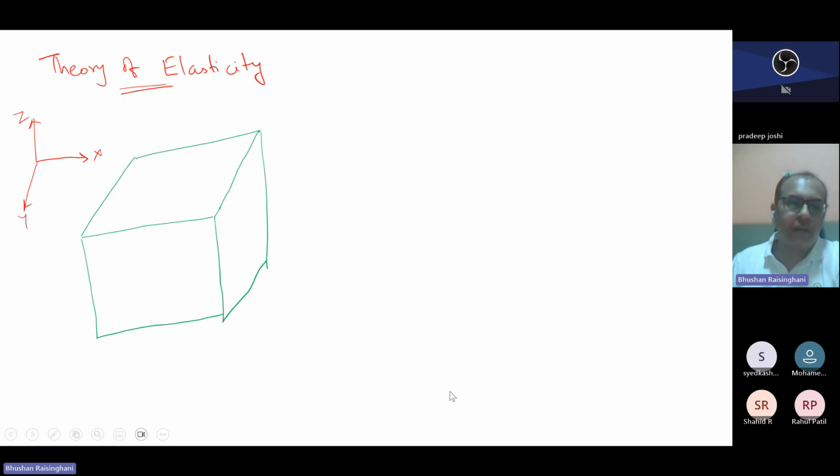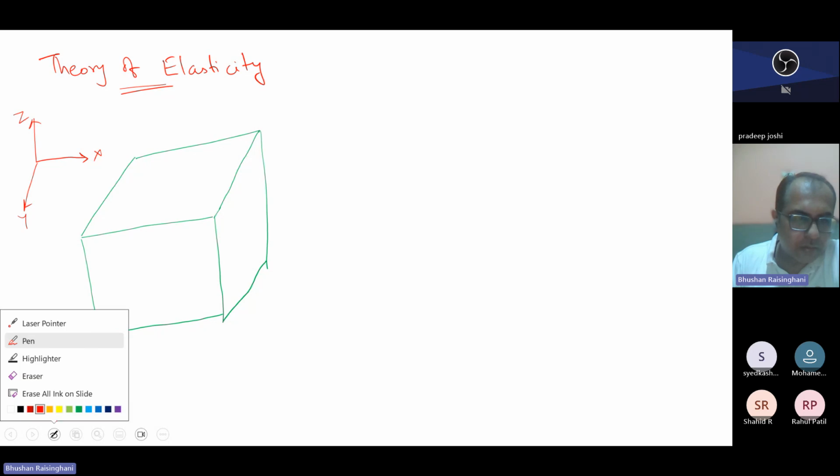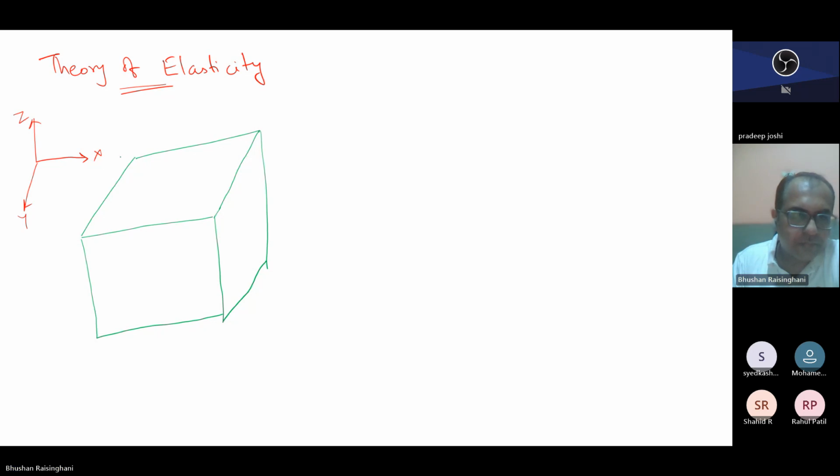Okay, so this is the coordinate system XYZ. Now Cartesian coordinate system, we are going to use it. I'll try to draw the third dimension. So now it has six surfaces.